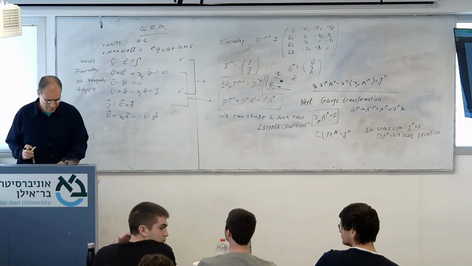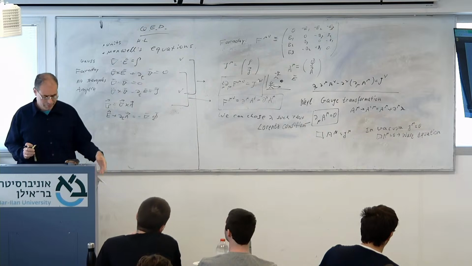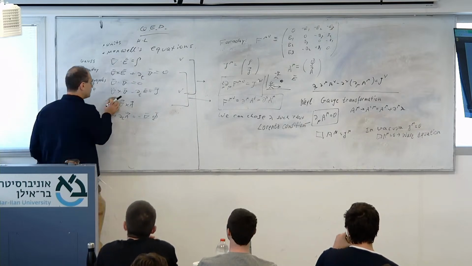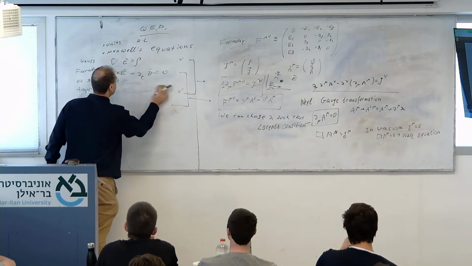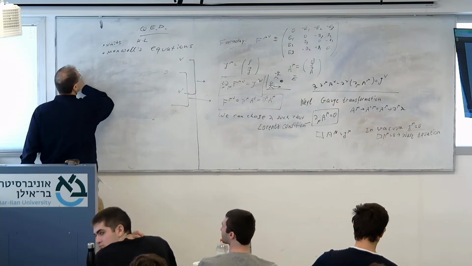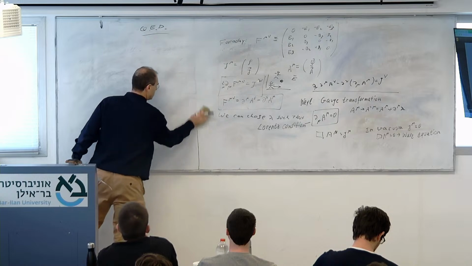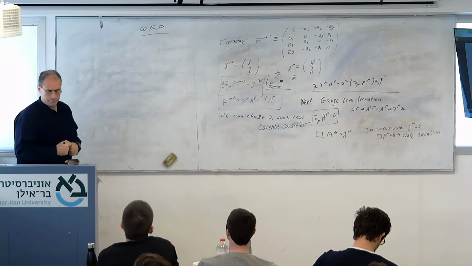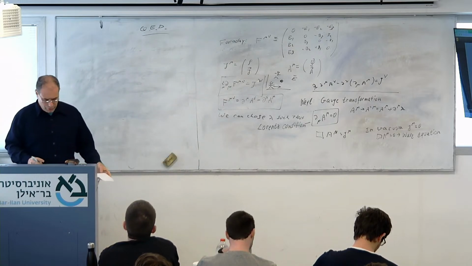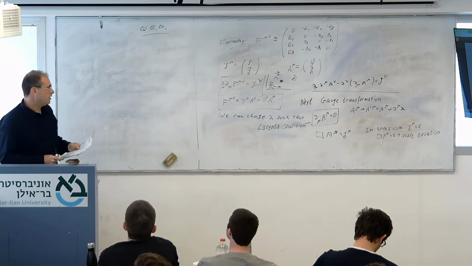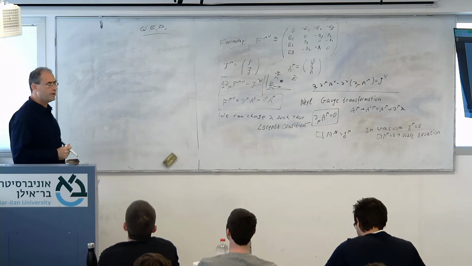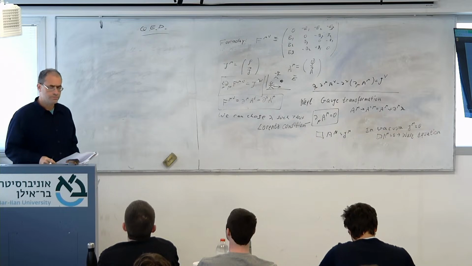So first, we started by taking Schrödinger's equation and deriving it. Basically we took the energy and momentum and promoted them into operators that operate on a wave function.